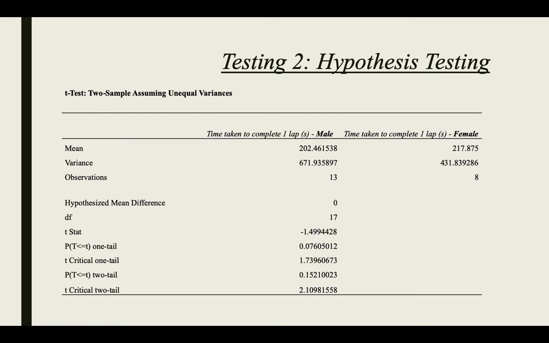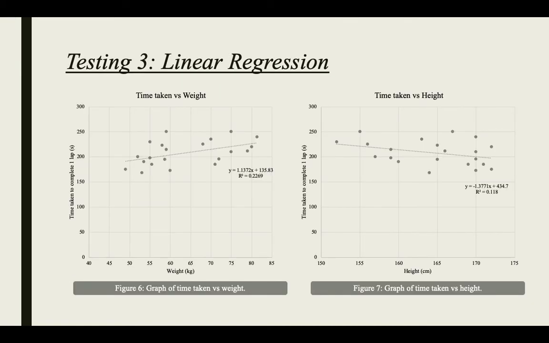So from the data, we need to accept the null hypothesis, as we can see that the t statistic is smaller than the critical value, and it is not in the rejection region, so we need to accept the null hypothesis. So we move to the next testing.